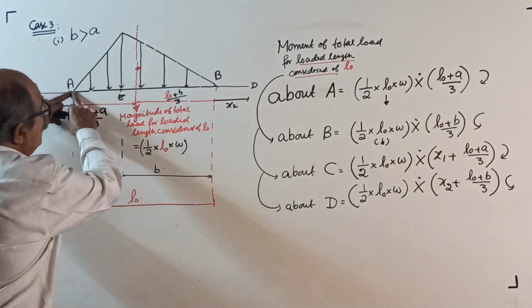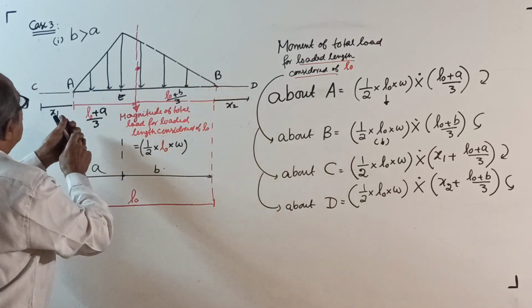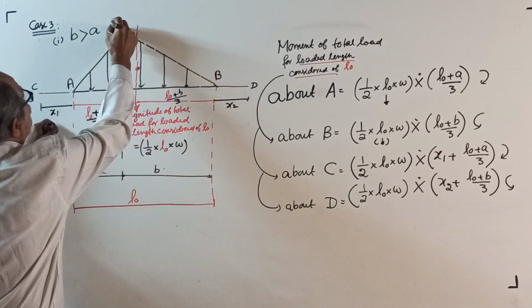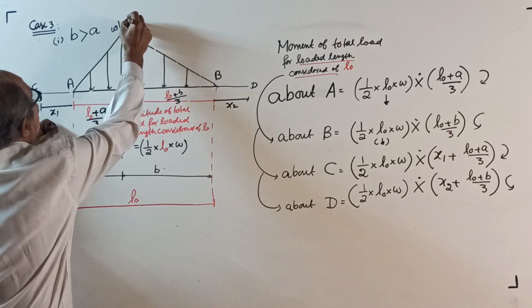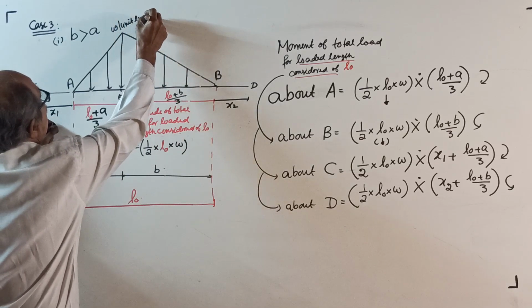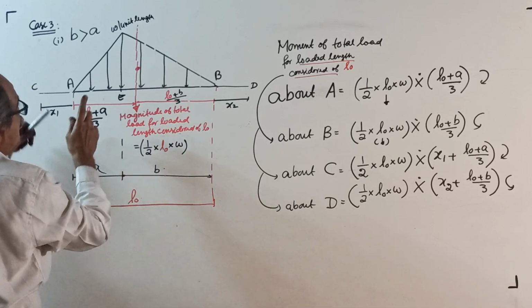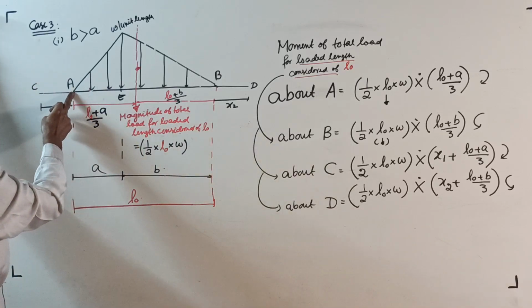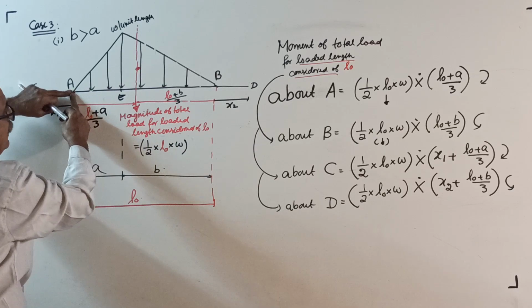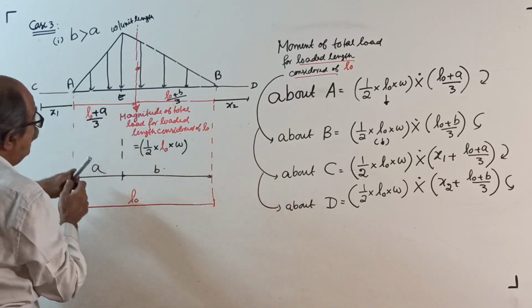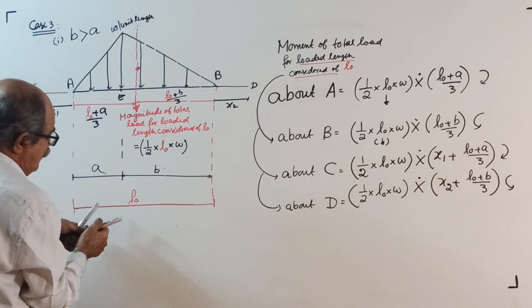See, 0, 0, maximum of W per unit length. Now you can write 0 intensity at A, the left end of the loaded length. L naught is the loaded length. I told repeatedly, how many times do I have to tell this?